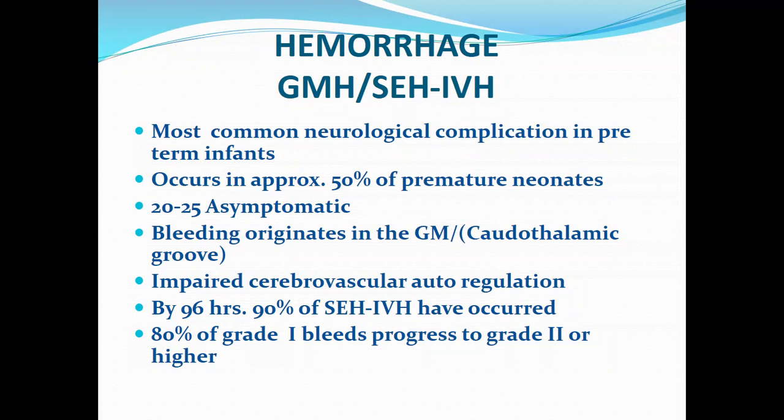As we said, from the 1986 research by Dr. Volpe, by 96 hours this should have occurred, the subependymal or intraventricular hemorrhage. And 80% of these cases will become worse. It will progress from grade 1 to grade 2, 3, or 4.